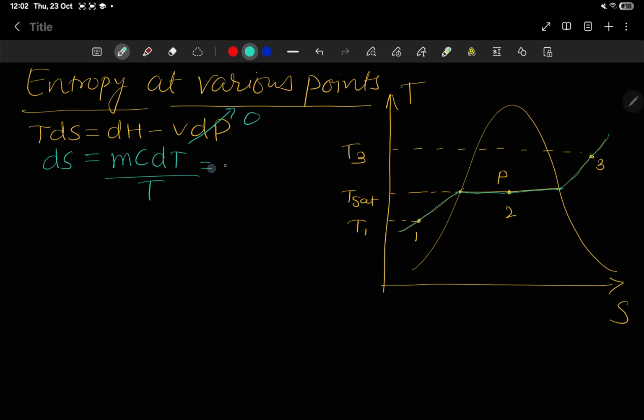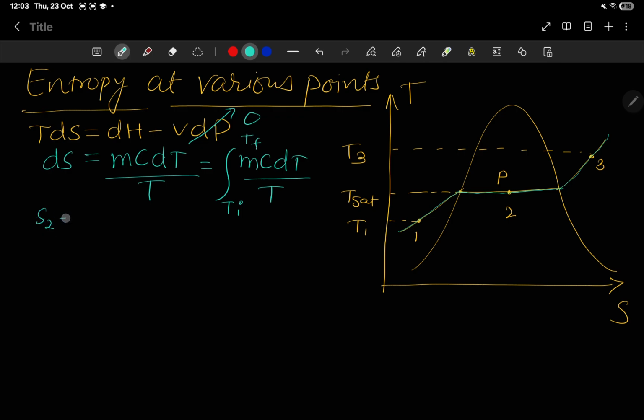We used to integrate mc dT upon T from T initial to T final, right?